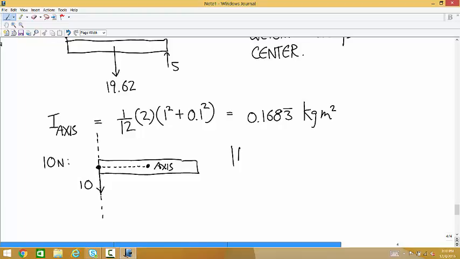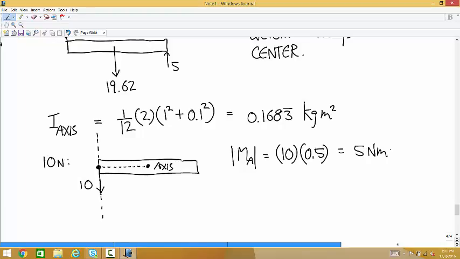The absolute value of the moment is equal to the force times the distance between the axis and where it's applied. What's that distance? 0.5. So that's 5 Newton meters.